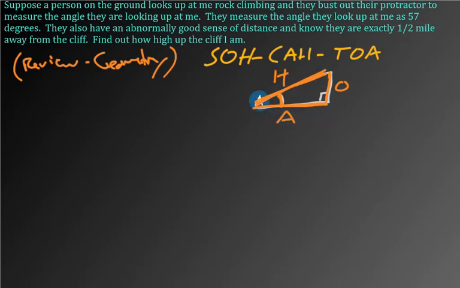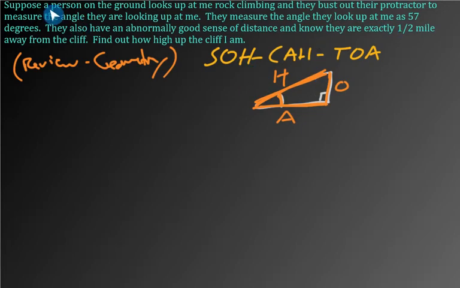But this is an extra special side, so it gets an extra special name, because that side is the one that is longest. So it's the hypotenuse. And then tangent is the opposite over the adjacent. And so we can do problems like this if you know this stuff from geometry.